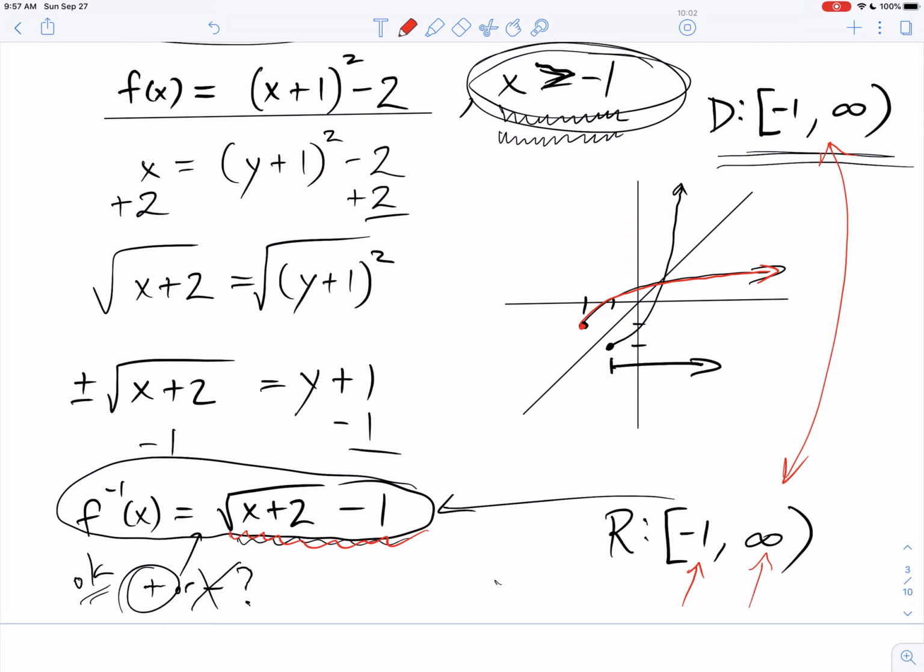Now, we're going to talk about logs and exponentials because one of them is the inverse of the other. One function is the inverse of the other. So I made up some examples I want you to go through with me, and you will not see quadratic inverses on this test.